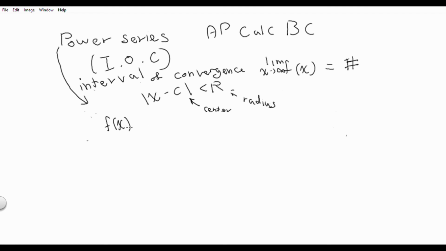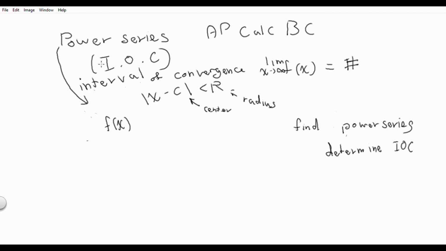We're going to be using the f of x to find the power series, and then we're going to determine what I.O.C is. For translating between power series to f of x and f of x to power series, I'll be going into detail about it in the very next video.